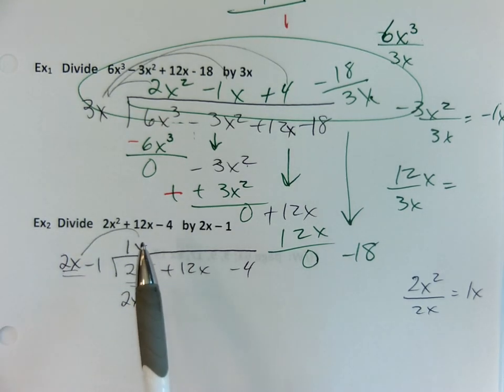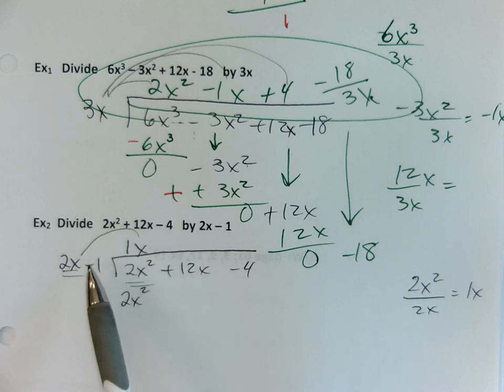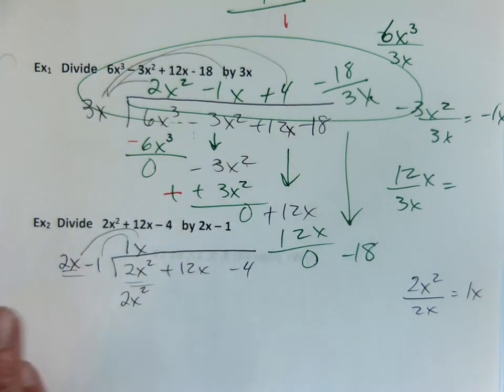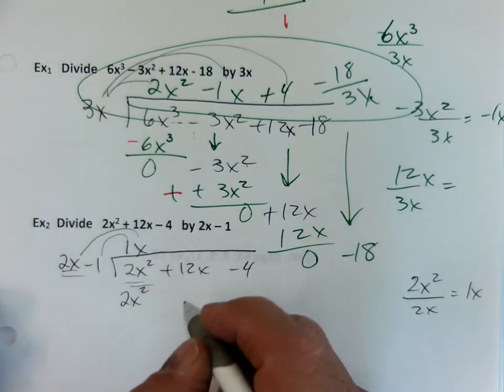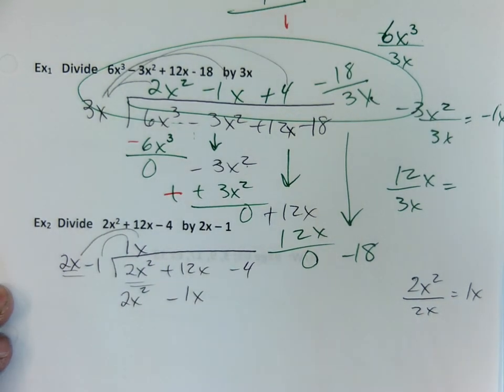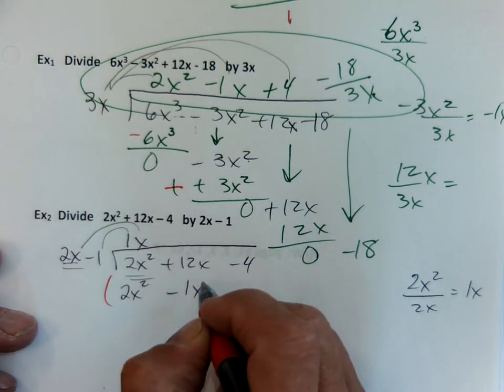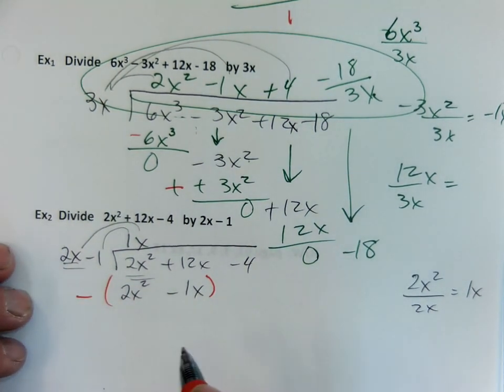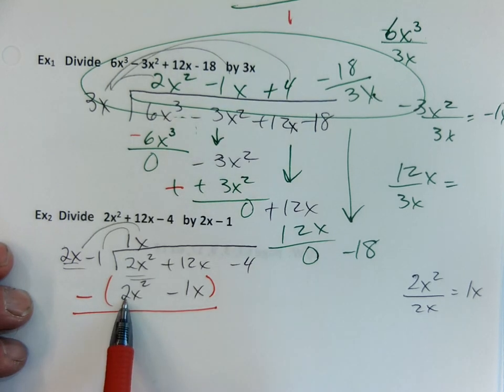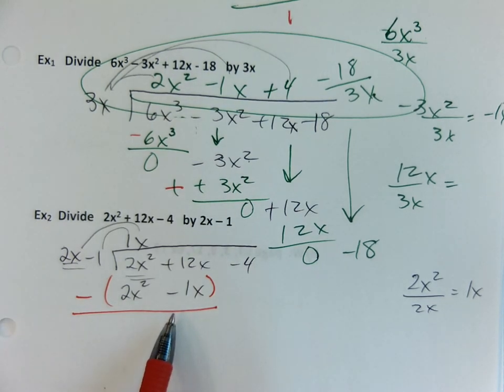But I also need to multiply by the 1 as well. So 1x times 1 is a negative 1x. Okay? You're going to subtract, but you have to be careful with subtraction, because you're going to subtract both the 2x and the negative 1, right?